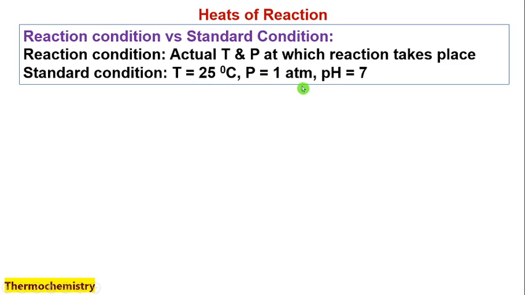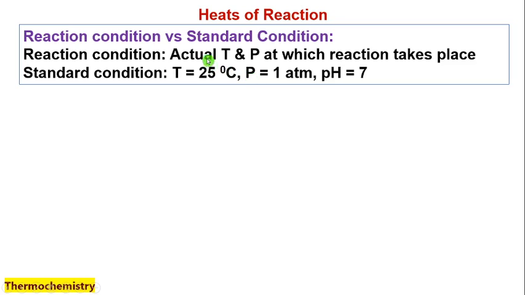What do I mean by standard states? At this particular condition, if you consider water, H2O, under 25 degrees Celsius and 1 atmosphere pressure, the H2O should be existing in the form of liquid, not vapor, right? Similarly, oxygen should be existing in the form of gas in this condition.